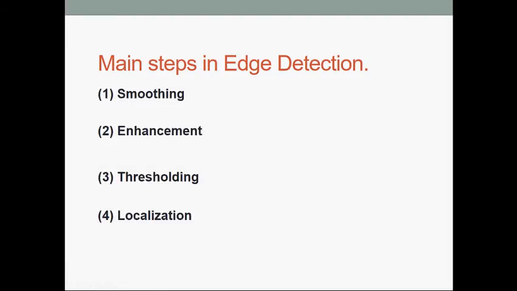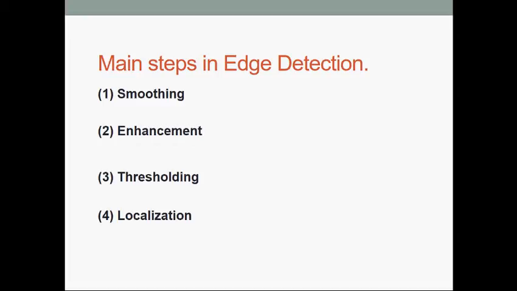These are the steps in edge detection. The first step is smoothing. Why is smoothing required? Smoothing is nothing but smoothing out some noise. If an image contains noise, the edge detector operator will get confused and detect this noise as an edge, because an edge signifies an abrupt change in intensity, and so does the noise.